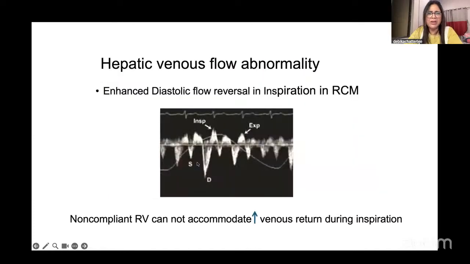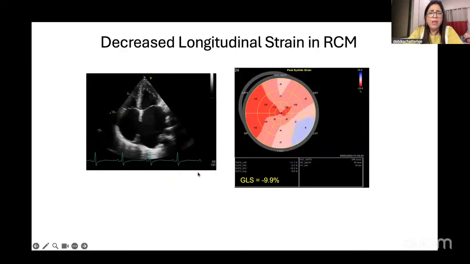So this is one. And then hepatic venous flow: you will see enhanced diastolic flow reversal during inspiration instead of expiration in case of constrictive pericarditis, because it is the non-compliant RV which cannot accommodate the increased return, and that results in the inspiratory flow reversal. And also we use speckle tracking.